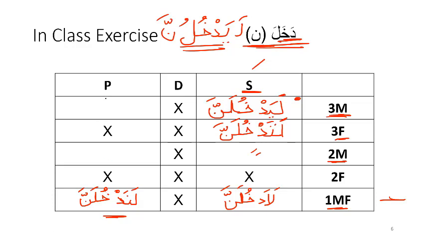Okay. Now they will most definitely enter. So third person masculine plural. So over here, this box. So let me pick somebody who hasn't had a turn. Mr. Ehsan Zia, you want to have a shot?